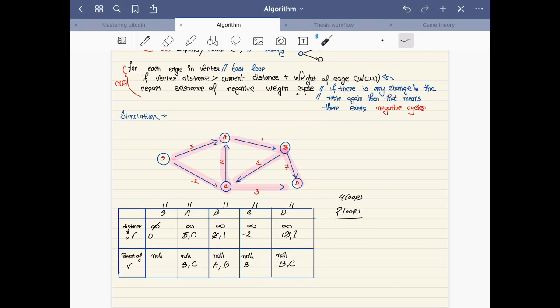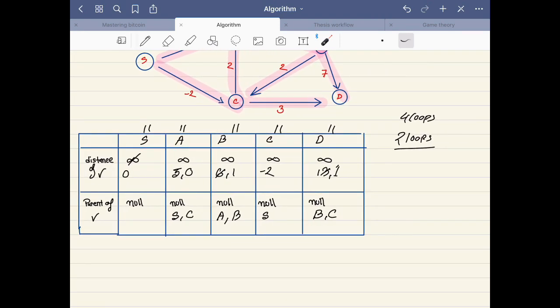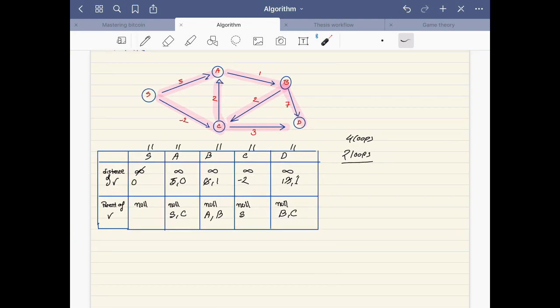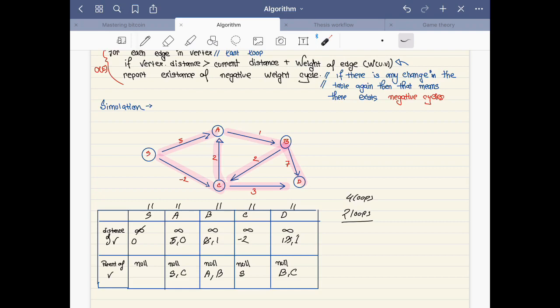In the next loop, we'll be going through this one more time, and we are not gonna see any changes. So that means the whole graph doesn't have any negative cycles. As I said in the algorithm, if there aren't any changes, that means there aren't any negative cycles.